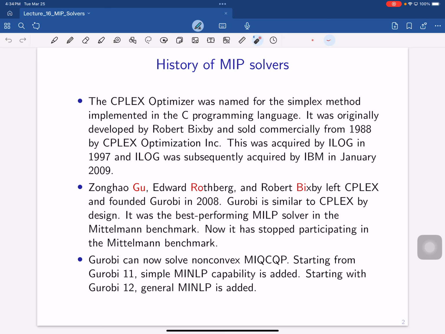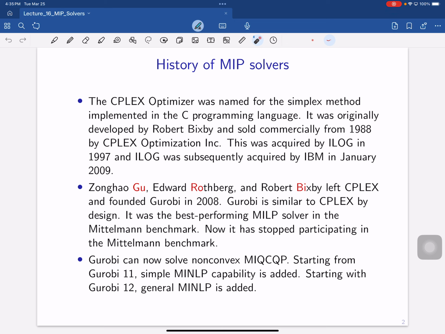There are three people, Zonghao Gu, Edward Rothberg, and Robert Bixby. You can find his name here. He was the founder of Cplex as well. So they founded Gurobi, right? The reason they named it Gurobi is because of their last names. They just took the letters from the last names of the three founders.